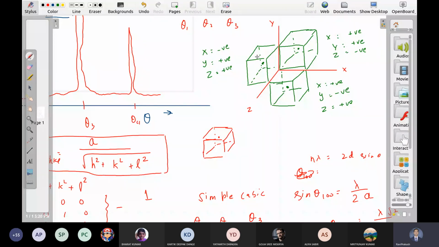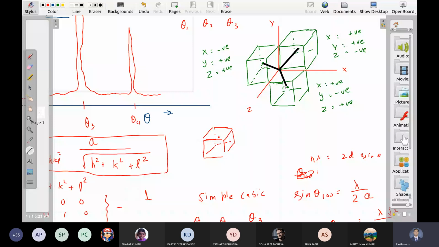Let me draw with some other color. Connect this origin to this body centered point, and this one, and this one. Using these three vectors, make a cube.